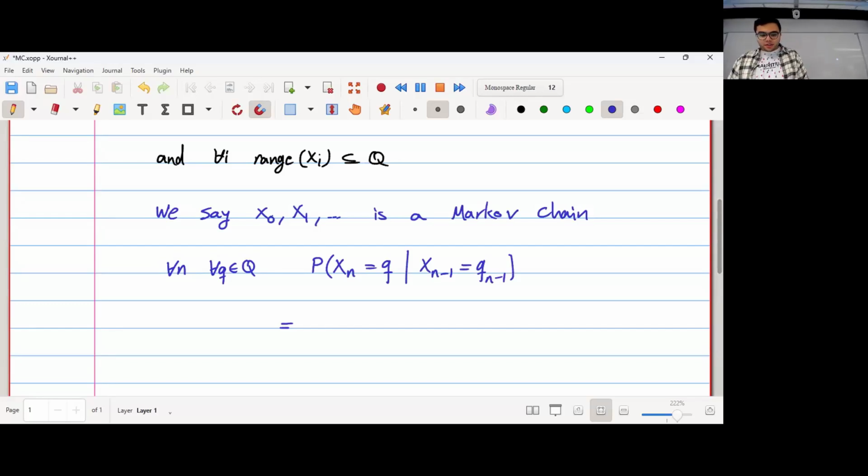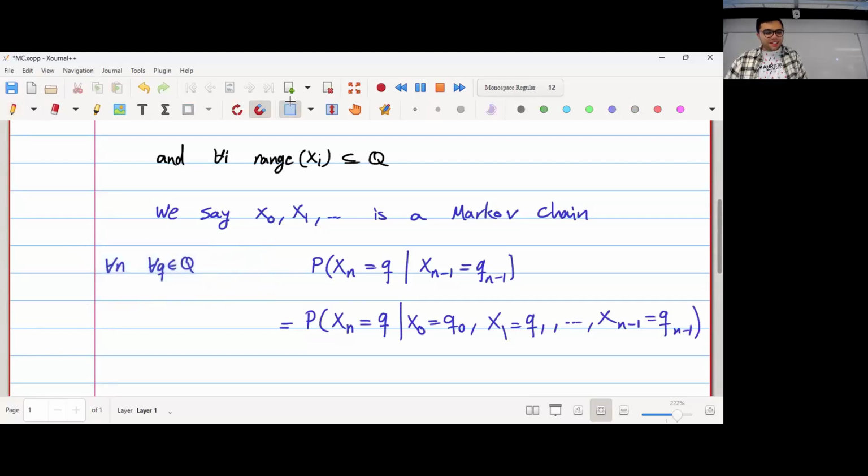So I want this to be the same as the probability of xn equal to q, given that x0 is q0, x1 is q1, and so on, and xn minus 1 is qn minus 1. Okay, I guess now I have to change my quantifiers a little bit as well. So for every n, for every q, and for every q0 to qn minus 1.